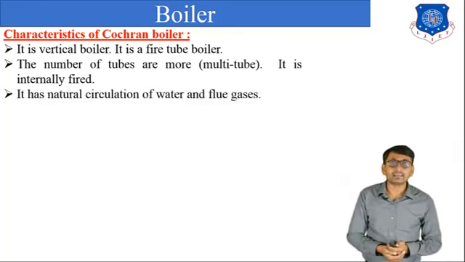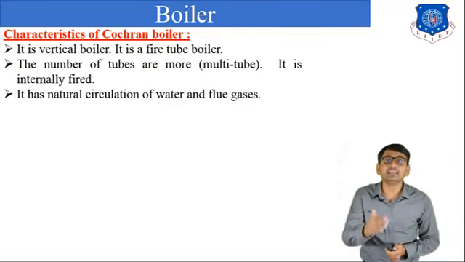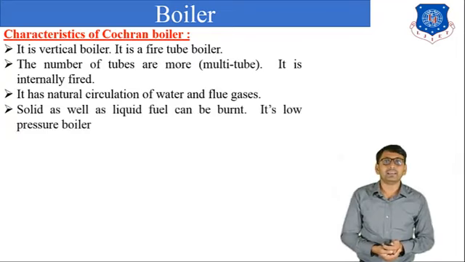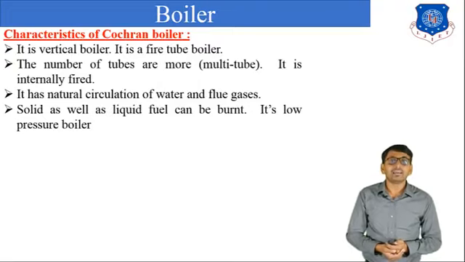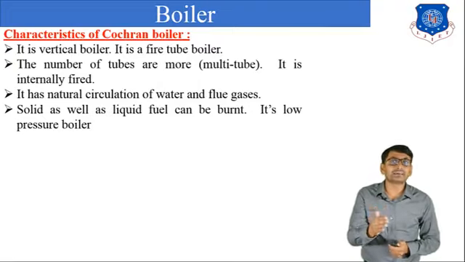Then it has natural circulation of water and flue gas. There is a natural circulation which is due to density difference. Then solid as well as liquid fuel can be burned, and it is a low pressure boiler.